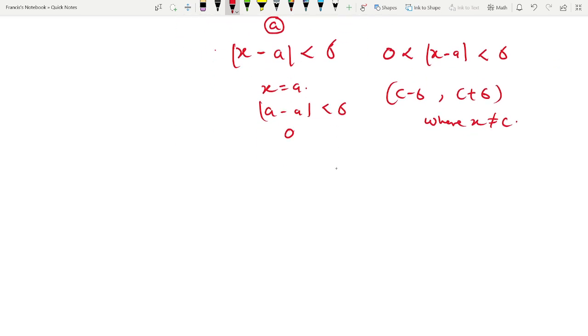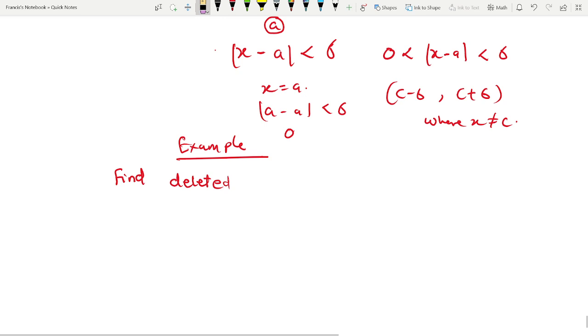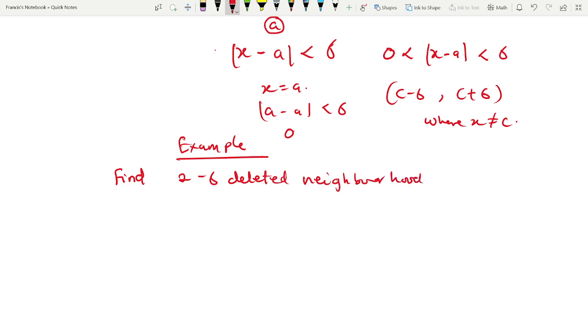So now let's see an example. Find the 2 delta deleted neighborhood of 1.